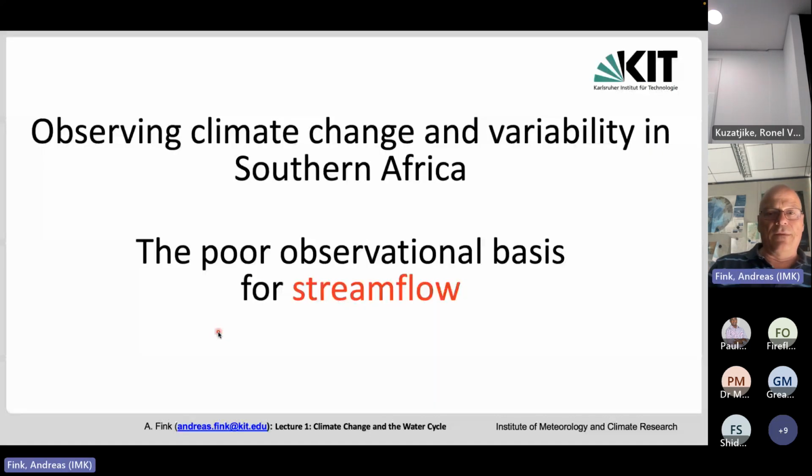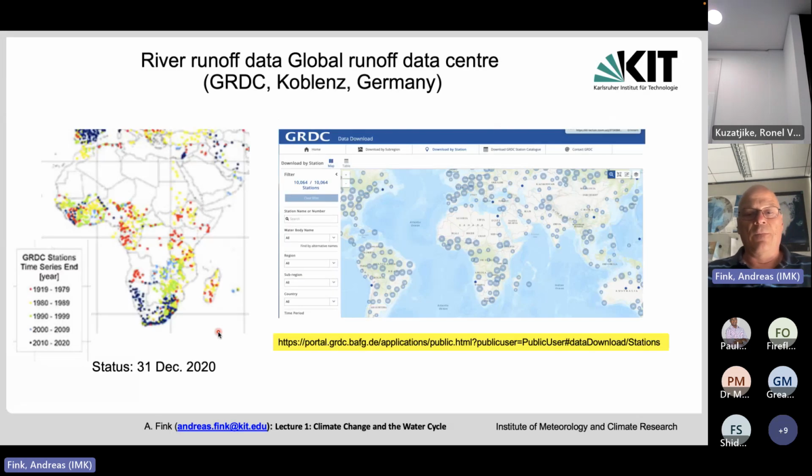Now, since you are more on hydrology, what about stream flow? How do we observe stream flow? And I'm sorry about the poor quality of the leftmost figure here. But there is a river runoff data center that is hosted in Koblenz, Germany.